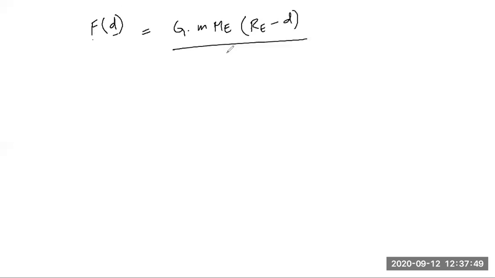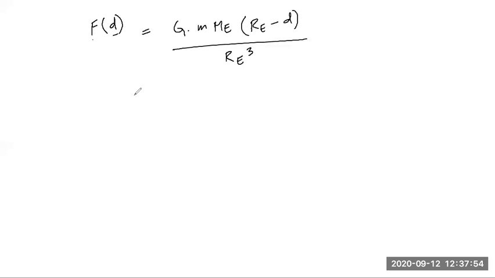So I got this, that F of d, which means force as a function of depth, is equal to, I'm just writing it again, G m Me into (Re minus d) divided by Re cube. Am I right?